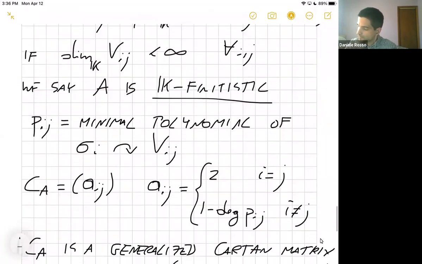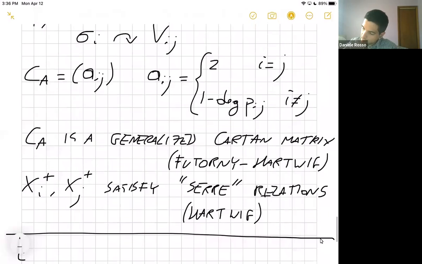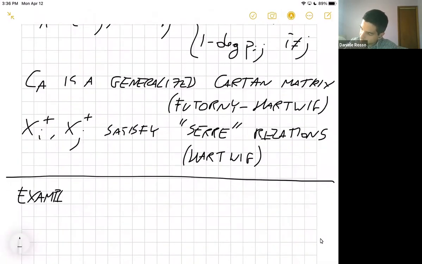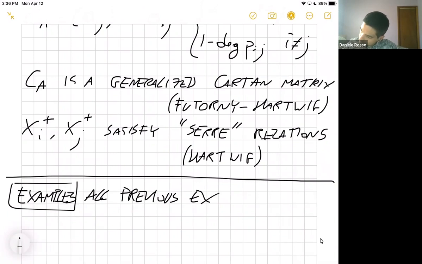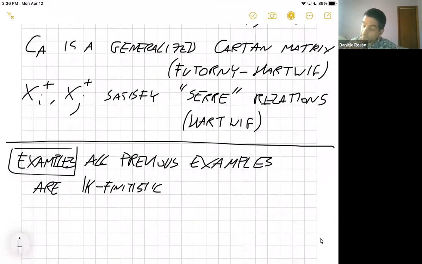The previous examples that I've written down for you are all k-finitistic, and in fact they're all of type A1 to the n.